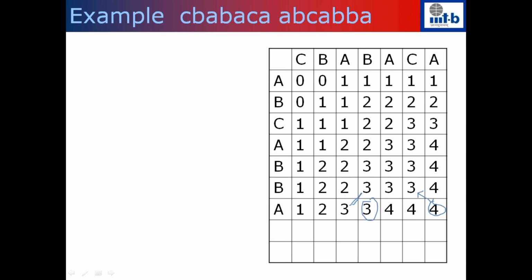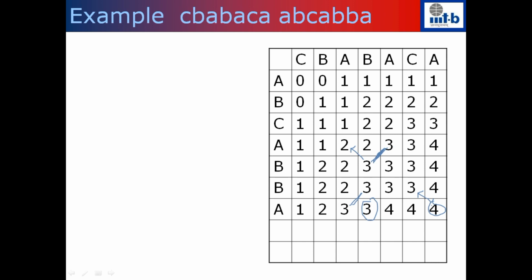So the algorithm is simple. When I go to the ij-th entry, I look at whether x of i is equal to y of j. If it is the case, then you look at the diagonally above number, add 1 to it, and write the number, right? If they are not the same, then you look at the two other entries which are adjacent, diagonally opposite to each other, and pick the maximum of these two numbers.